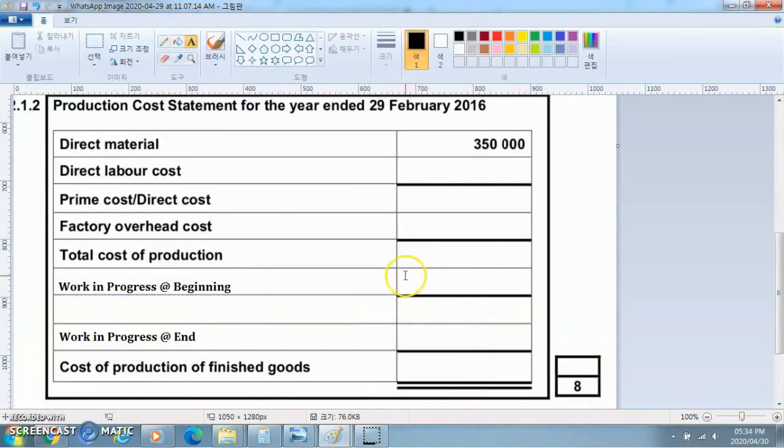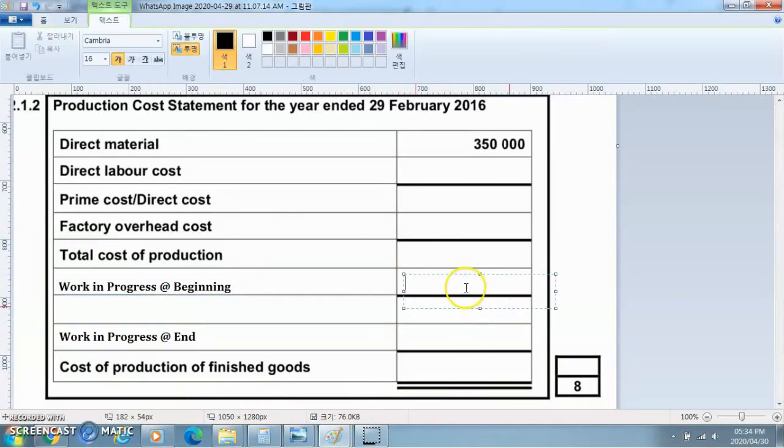We'll just go to the question, and remember how much was it? Sorry, I'm a bit distracted, but now I'm back. So here work in progress at the beginning was 30,640.